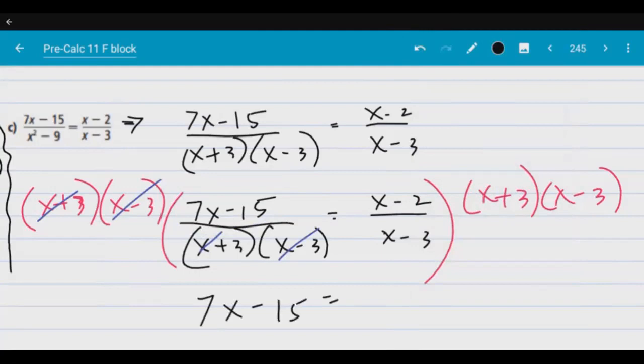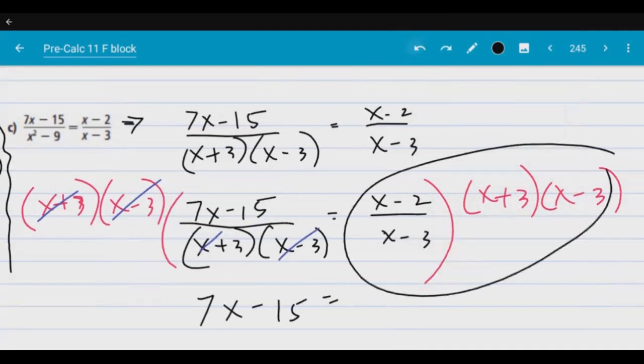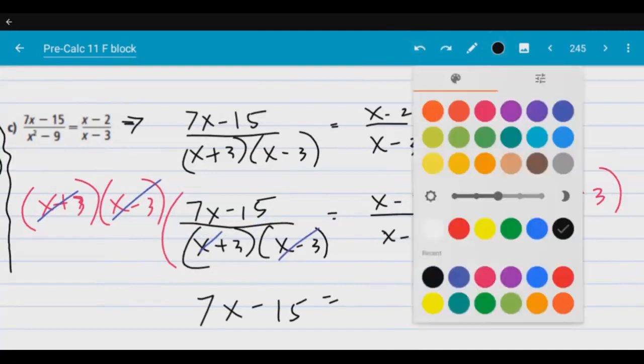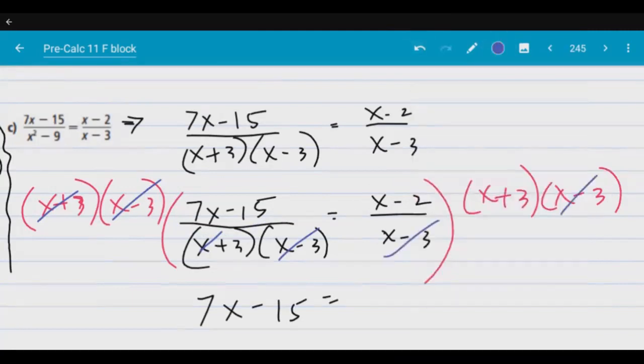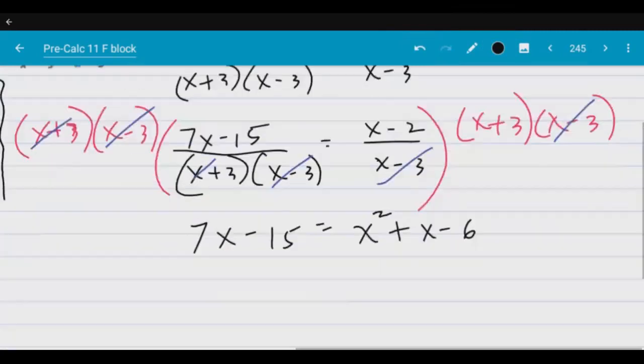Equals. Now look at this. Isn't it that x minus 3 cancels out with this one? So what do you have left? So you're only really multiplying these two. So that would be x minus 2 times x plus 3. That's FOIL, right? x squared, all right, plus x minus 6. Gathering everything on one side, 0 equals x squared.